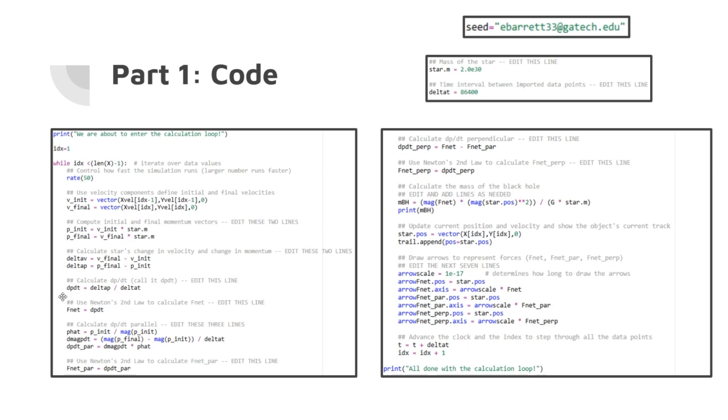We found the change in momentum over time, which is equivalent to the net force, and then we could find the parallel and perpendicular components of both the force and the momentum. Next, we finally could find the mass of the black hole at that point, which looks almost identical to the original fundamental physics formula from the beginning.